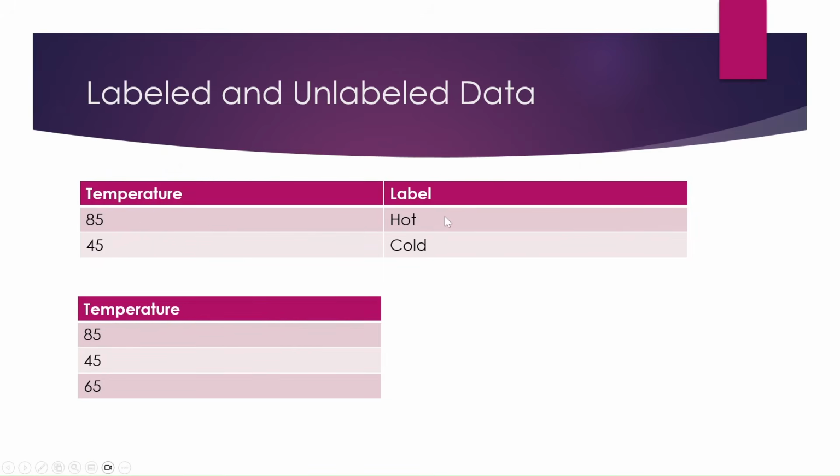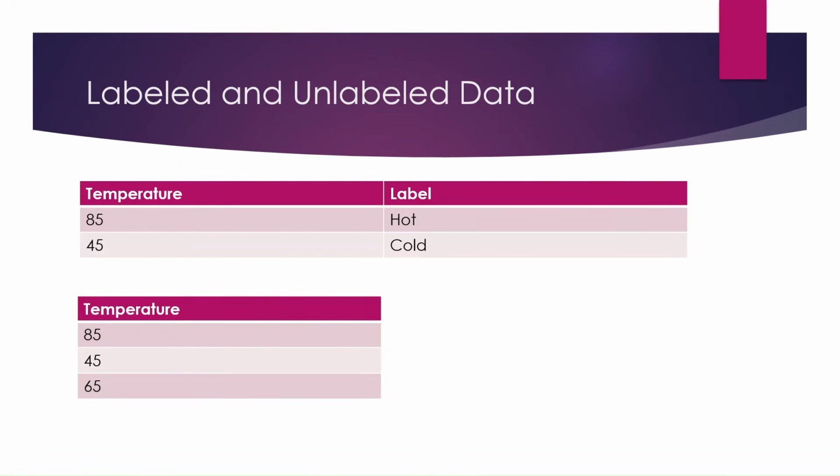And the second column is like a hint to the model that the first row should be considered as hot, and the second row should be considered as cold. So here the exact outcome that we expect is labeled, and this kind of data set is called labeled data because here we have defined the labels, so the model can learn depending on the features, in this case the temperature, what is the expected value for that temperature.